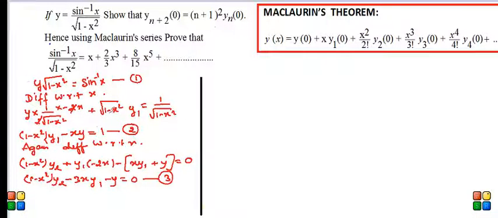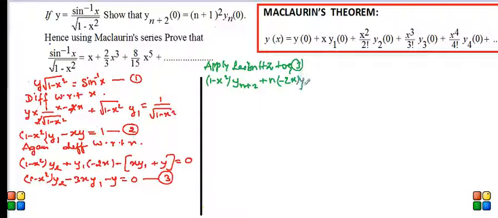Now applying Leibniz to equation 3, x as it is, n plus 2, plus n minus 2x y n plus 1, plus n minus 1 by 2 factorial, minus 2 yn.